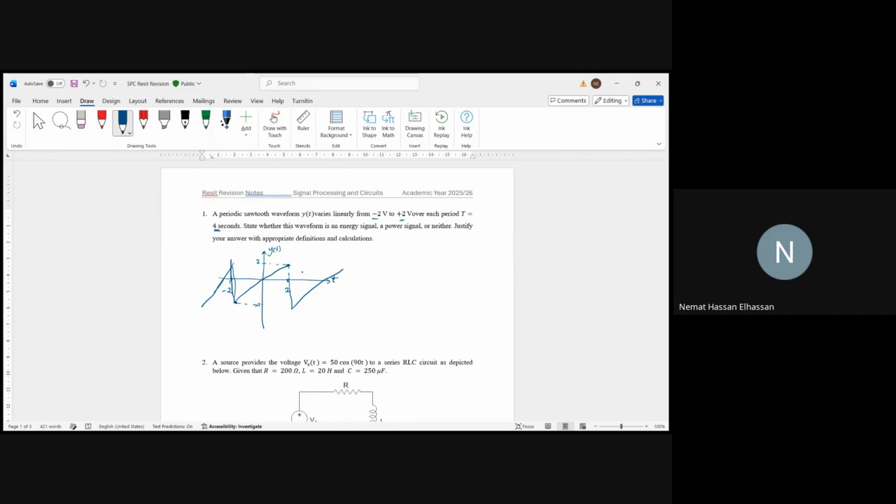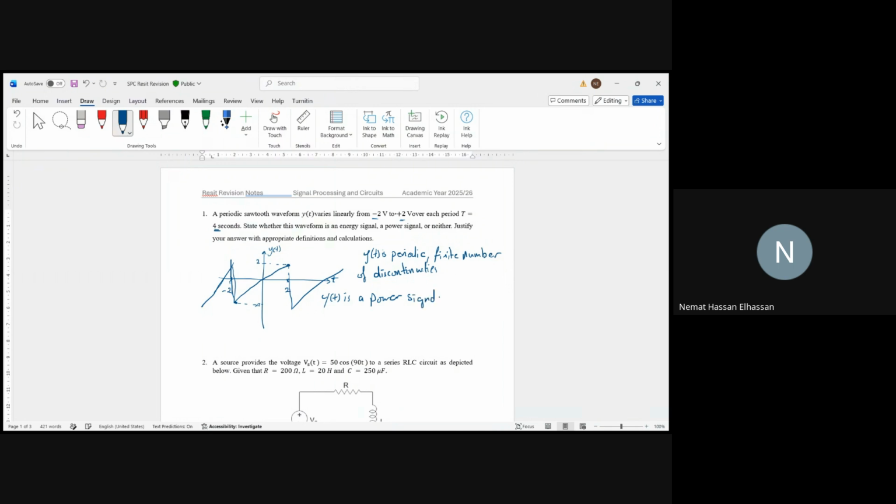So therefore, y of t is periodic, and y of t has a finite number of discontinuities. Therefore, y of t is a power signal.